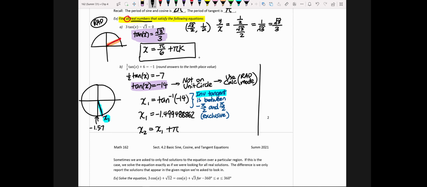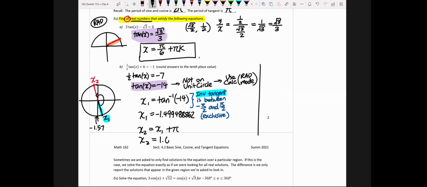When you add a period, so remember, positive angles go counterclockwise, you're going to land here between 0 and 2 pi. Okay, so we want to add a period. And x2 comes out, let's see, so we take our calculator answer, add a period, and now we get the solution between 0 and pi.